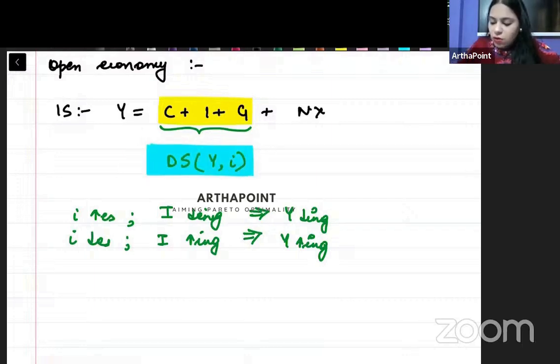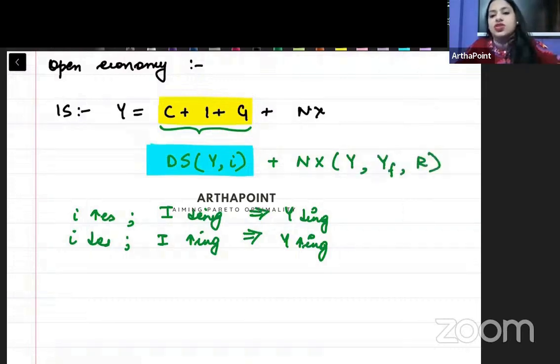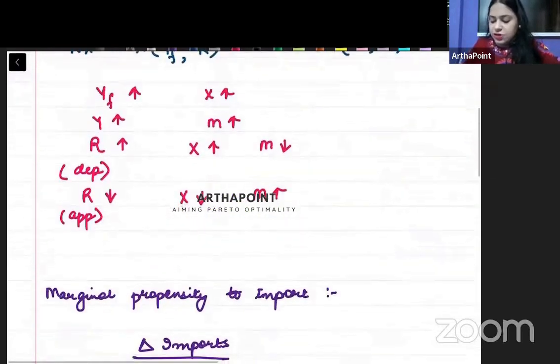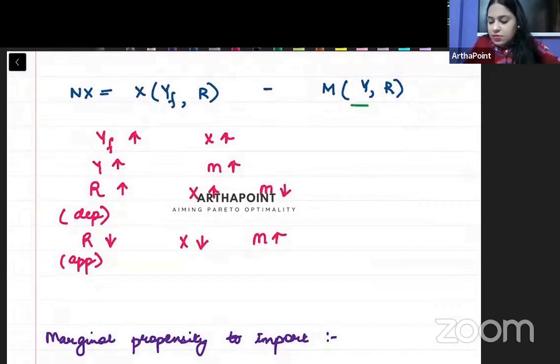Now we have a component of net exports, and net export is a function of income, foreign income and exchange rate. ये हमने अभी ऊपर explain कर दिया. Clear है बच्चे?